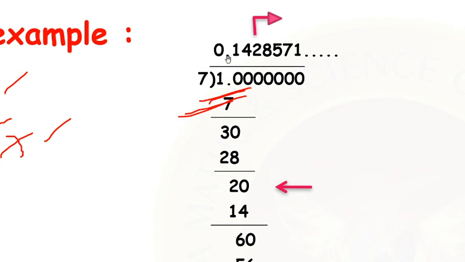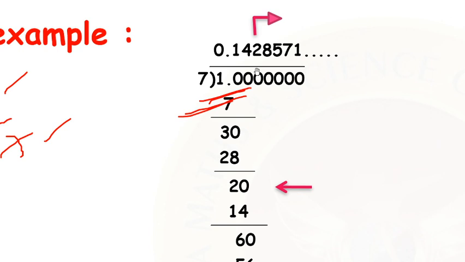Because already decimal point we have taken, so that's why instead of 2, we are considering 20. When we are dividing 20 with 7, how many times we have multiplied? 2 times. 7 2 times 14. Means from there division will continue.